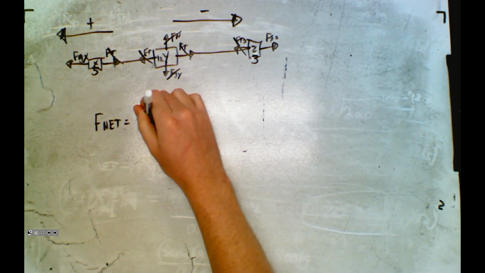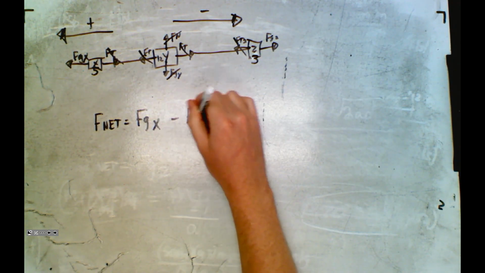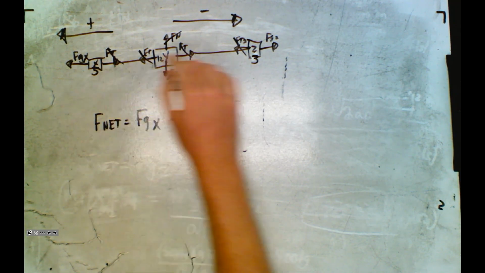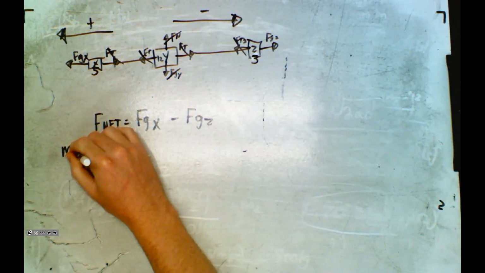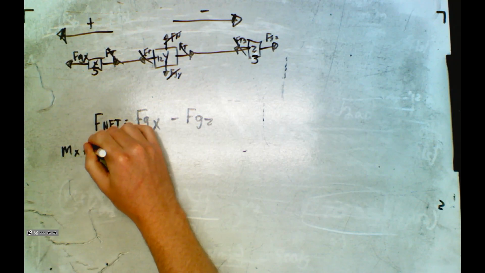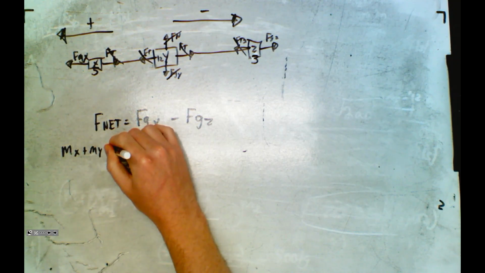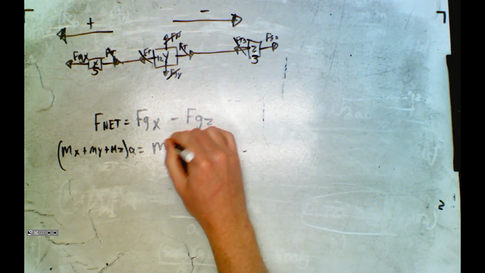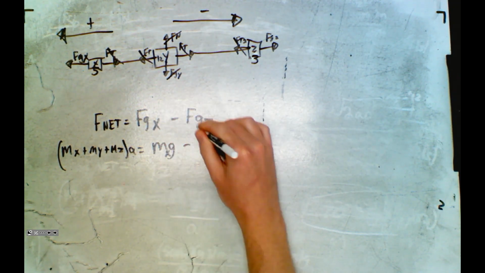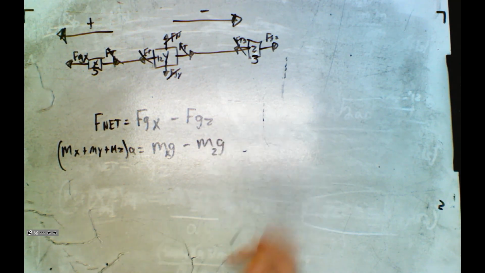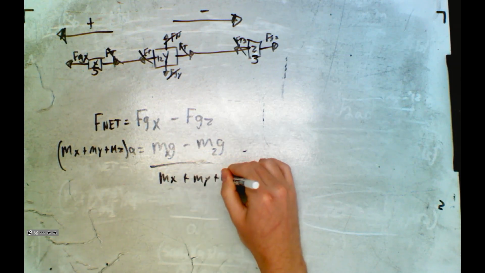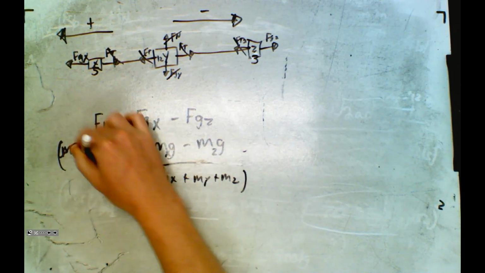So it's going to be force of gravity of X minus force of gravity of Z. Because all three masses move, we have to go X plus Y plus Z times acceleration. Fg is mg, but we're talking about X, and Fg is mg, but we're talking about Z. So we're trying to find the acceleration, so I just have to move mass of X plus mass of Y plus mass of Z down here.